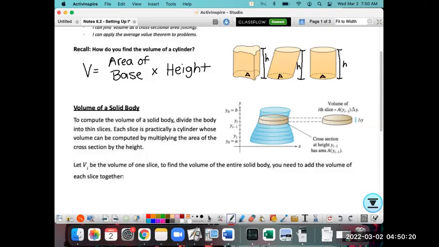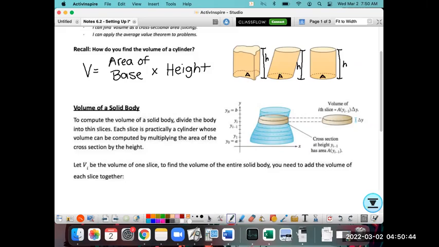So I'm just going to read the paragraph that I have written here, and then we can talk a little bit more. I have written, to compute the volume of a solid body, we are going to divide the body into thin slices. Each slice is practically a cylinder whose volume can be computed by multiplying the area of the base by the height. And if I'm going to just add a little bit to this.